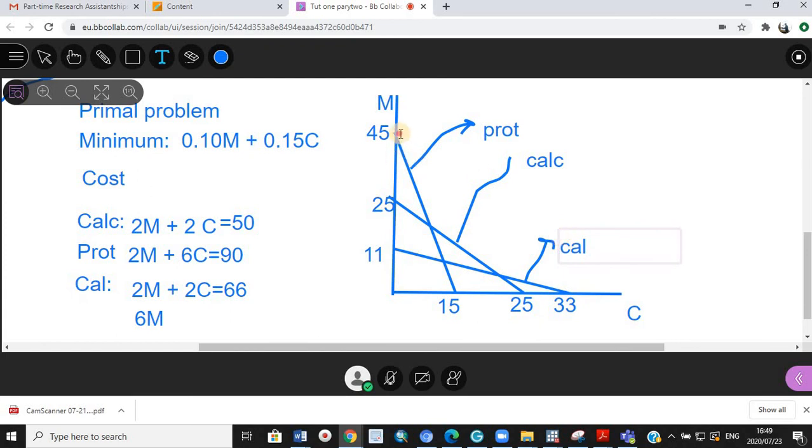So we will say this is point A, this is B, this is C, this is D. Very good.